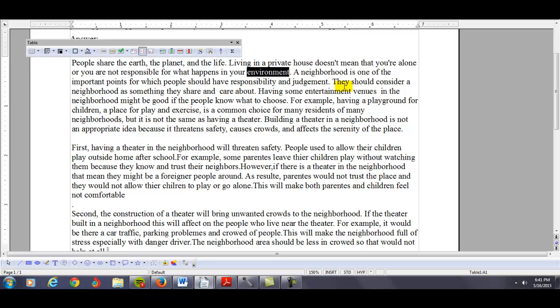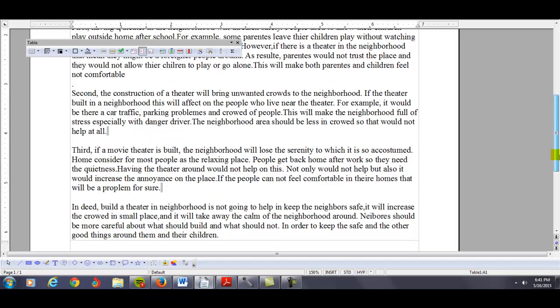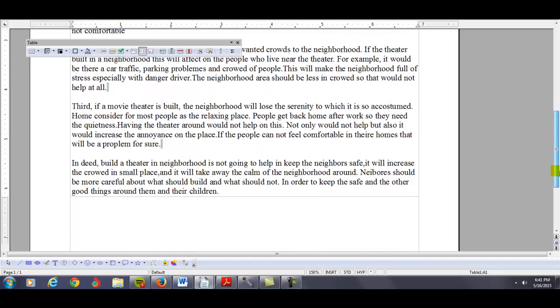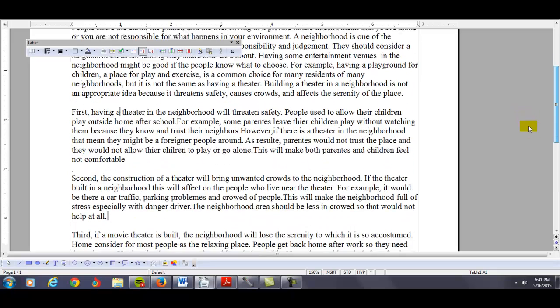And of course, this paragraph ties back. Then we talked about entertainment venues. Then we talked about playgrounds. Then we made the transition to theaters. And then we got very narrow to our thesis. And I did give you some examples of how you can rewrite, particularly the topic sentence in paragraph number 3 and number 4. All right?